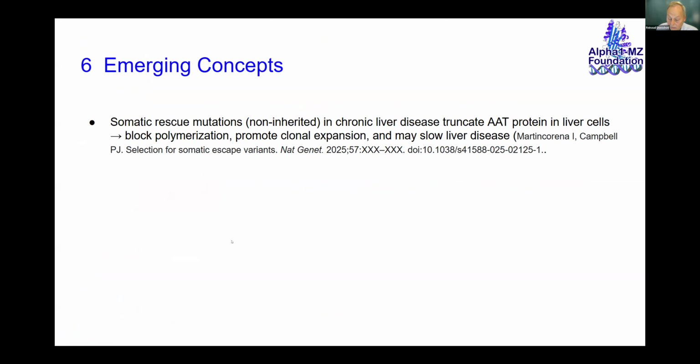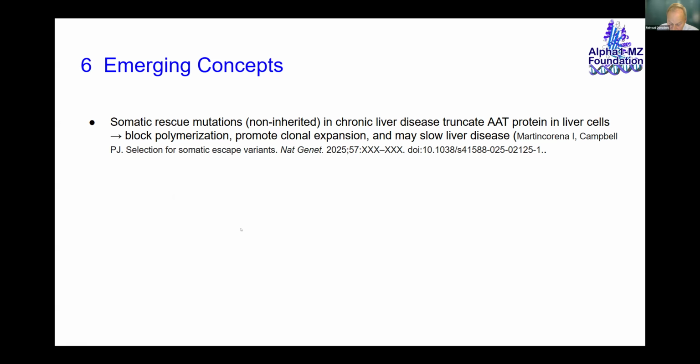Then there are some emerging concepts. A recent discovery is that as people with alpha-1 deficiency get older, some of their liver cells develop new genetic changes in the SERPINA1 gene.